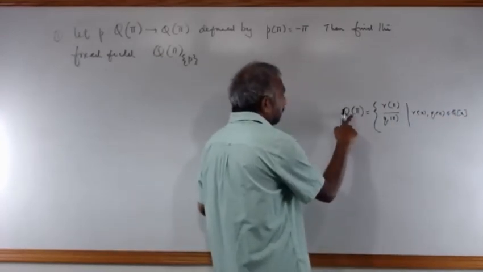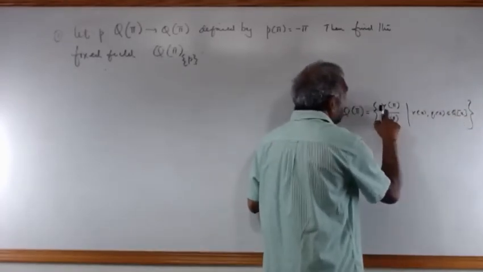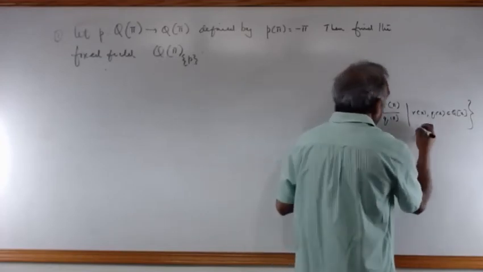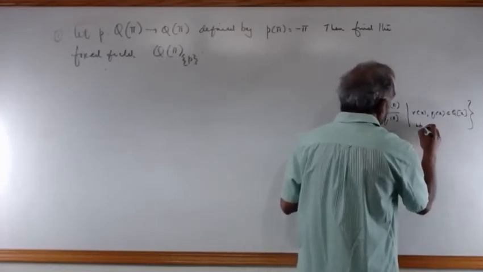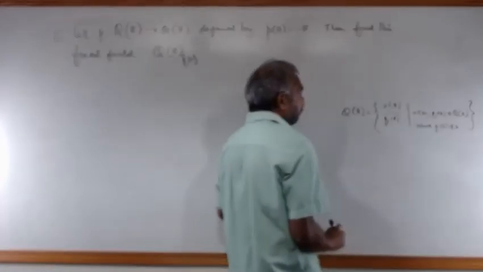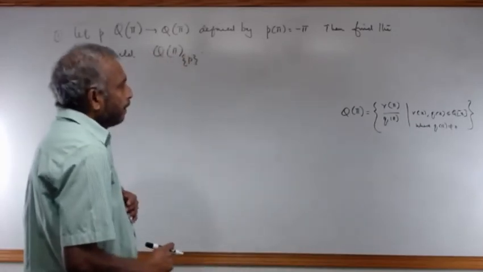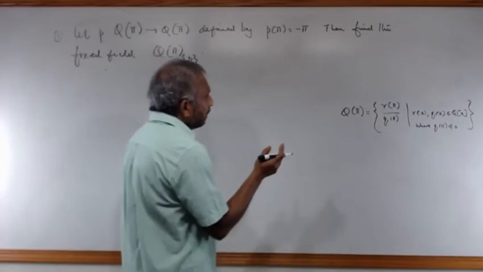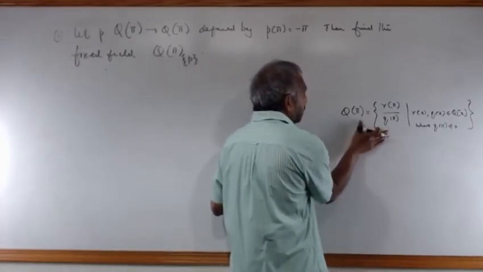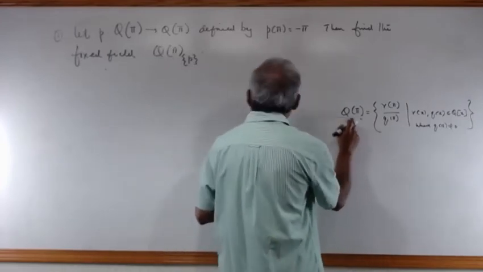So this is the curly bracket and this is a square bracket. So these are polynomials in pi where Q of pi is not equal to 0. So when an element is transcendental, this is how you form the simple extension. So this is a field now. Q of pi is a field.